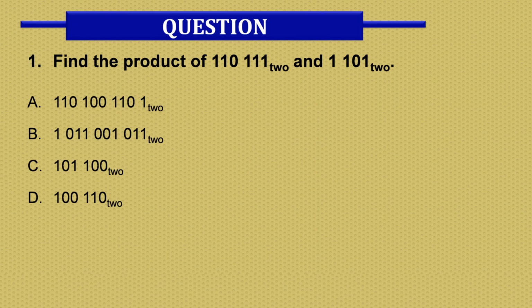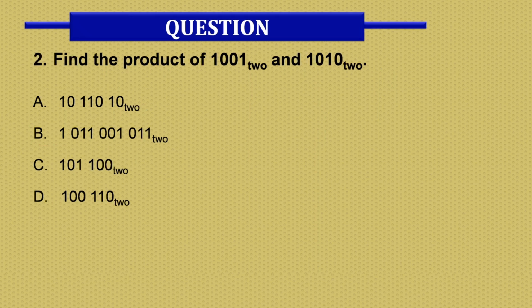The correct answer is option B. Question 2 says, find the product of 1001 and 1010, all in base 2. The correct answer is option A.